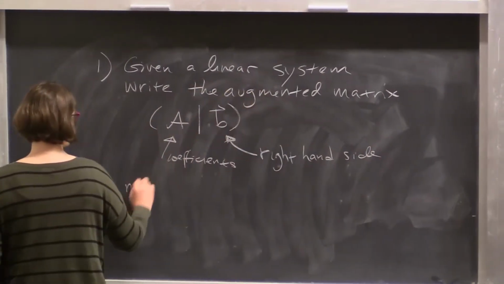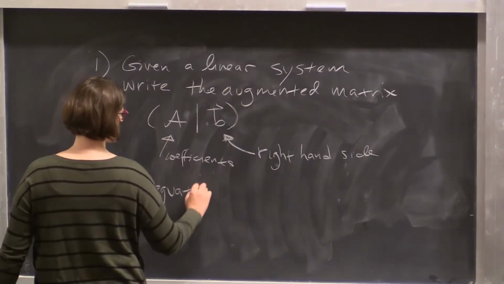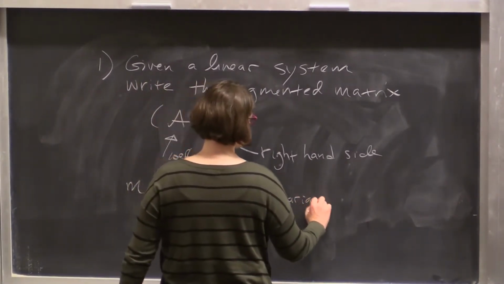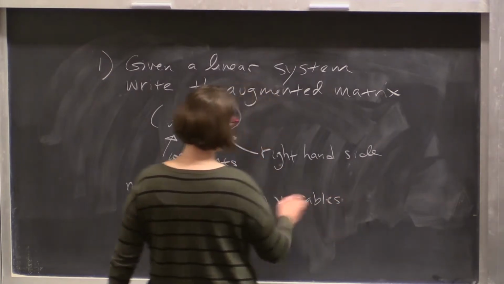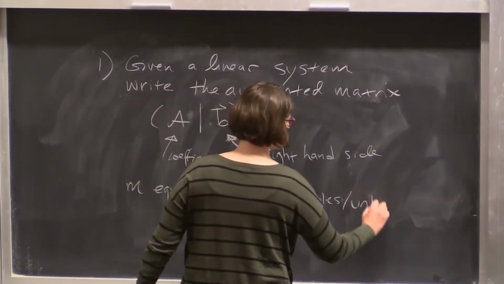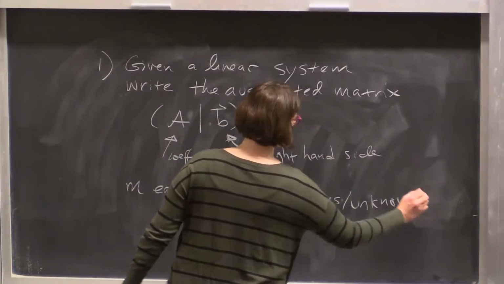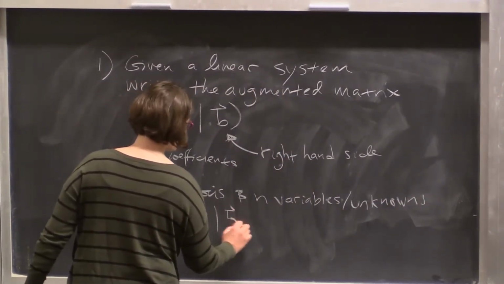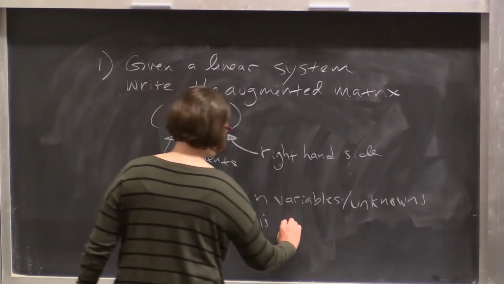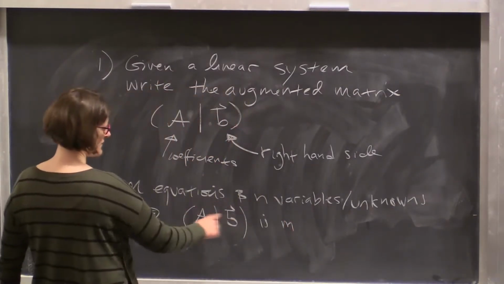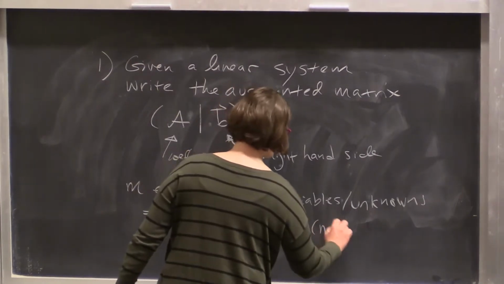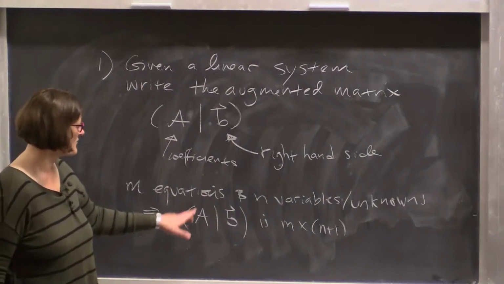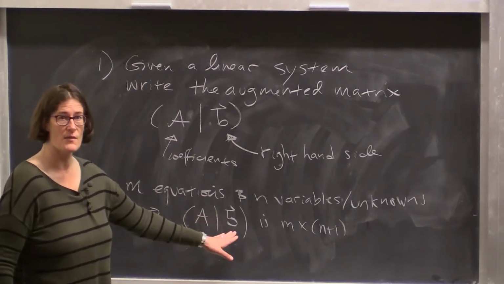If you have m equations and n variables to be determined, or n unknowns, then the augmented matrix AB has m rows, one for each equation, and n plus 1 columns, one column for each unknown, and then one column for the right-hand side.